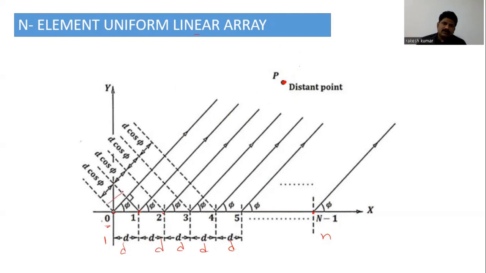So there will be a path difference for each element. Now we'll calculate the total equivalent field due to all these elements. What is the total electric field we will obtain at point P?